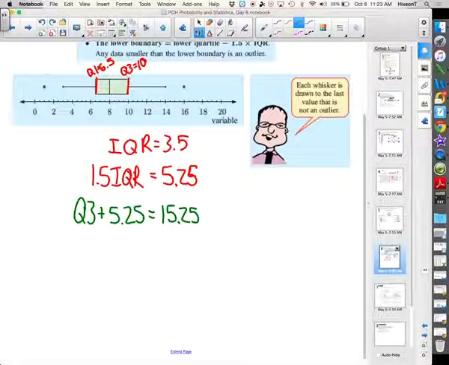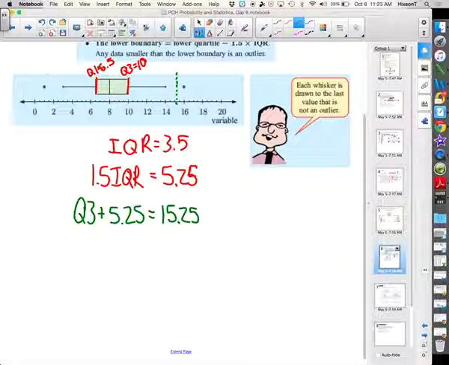So if I come over here, here's 14, 15, that's 15 and a half. So here's 15.25. Yes, you always do the 1.5 times IQR first. Now, look at this data here.